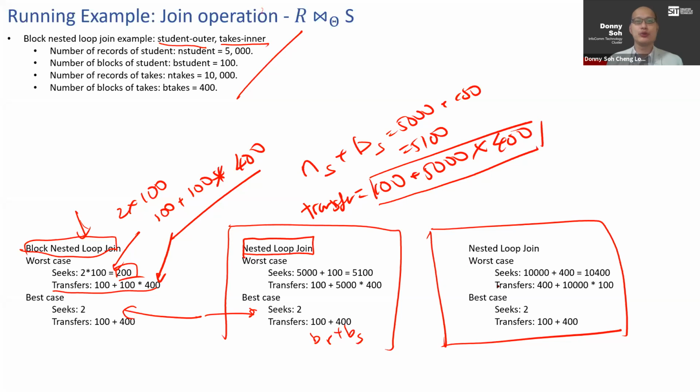Why I have two is that this one is the student outer, takes inner join, and this one is takes outer, student inner join. In this one I actually switch the loop.